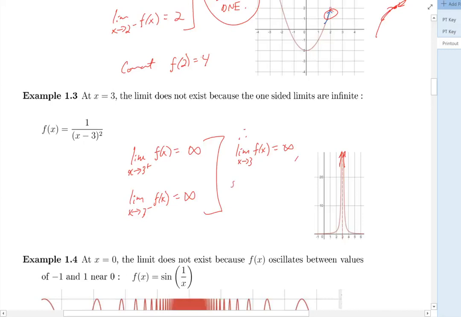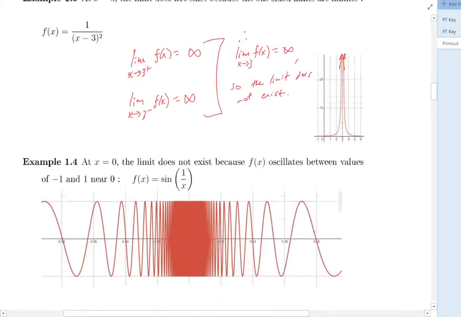So I could say, the limit does not exist. Now, since this is a specific type of not existing, we write that it equals infinity, but it still means that the limit does not exist. So if they ask you, like, does this limit exist, this would be the justification, okay?